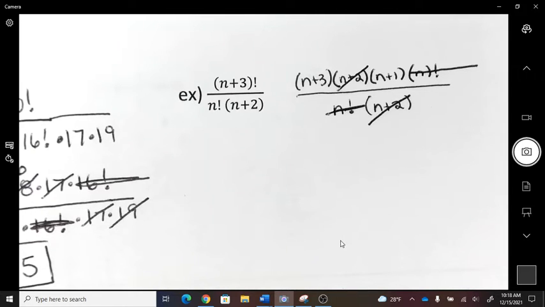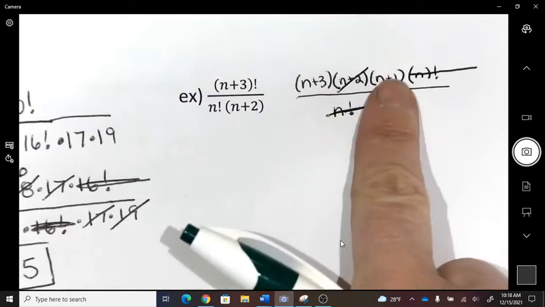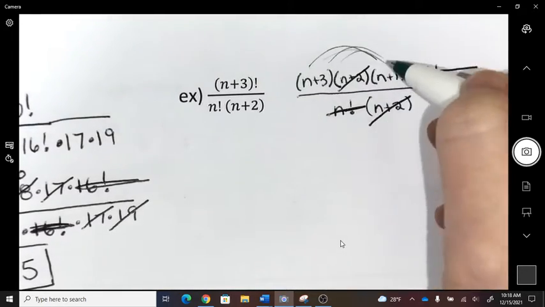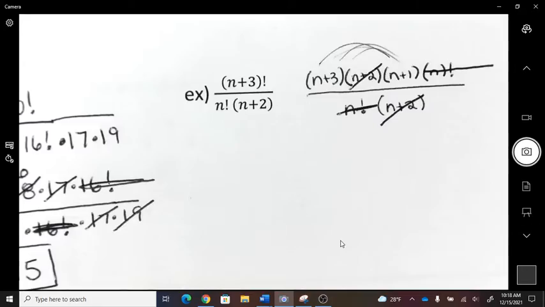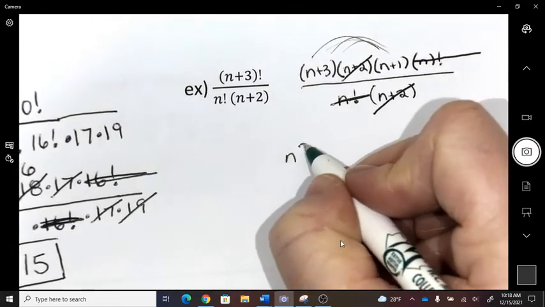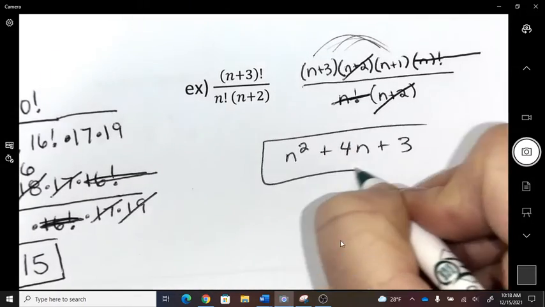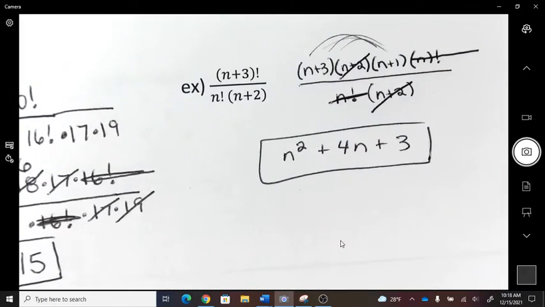Simplify means if I simplify 4 times 5, you're going to simplify it to 20, right? So how do you simplify this? You have to multiply it. So that'll be a FOIL, right? When you multiply it, n squared plus 4n plus 3. FOIL that all out.